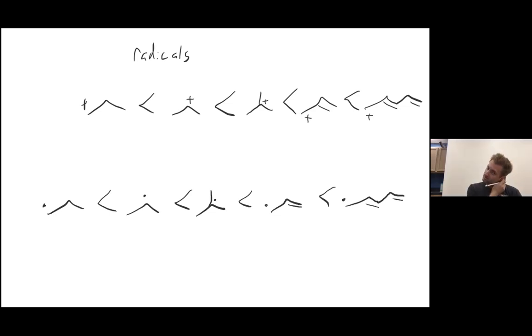So for forming radicals, typically speaking, these bromination reactions heavily favor forming tertiary over something like a primary position.